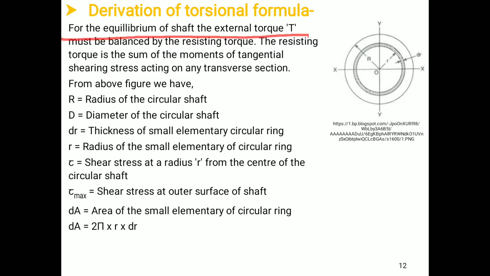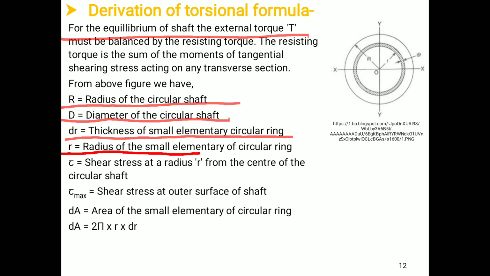Therefore from figure we have capital R equal to the radius of the circular shaft, capital D equal to the diameter of the circular shaft. dr is the thickness of the small elementary circular ring. Small r is the radius of the small elementary ring of the circular section.